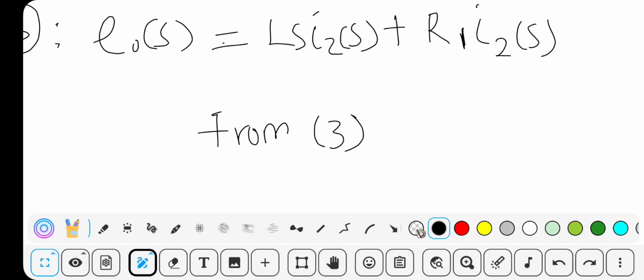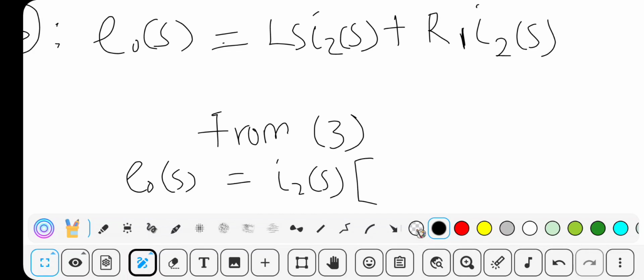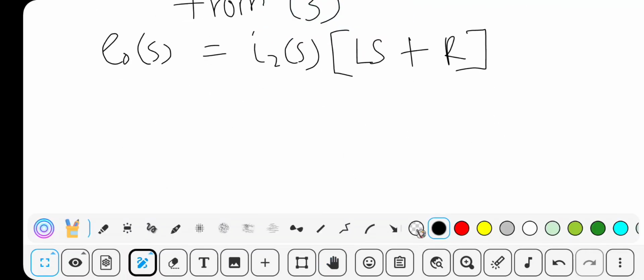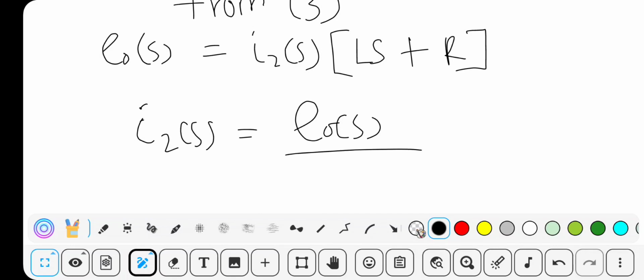From here, you have this is equal to I2 of S times LS plus R. So divide both sides by LS plus R, and you have that to be R plus SL.